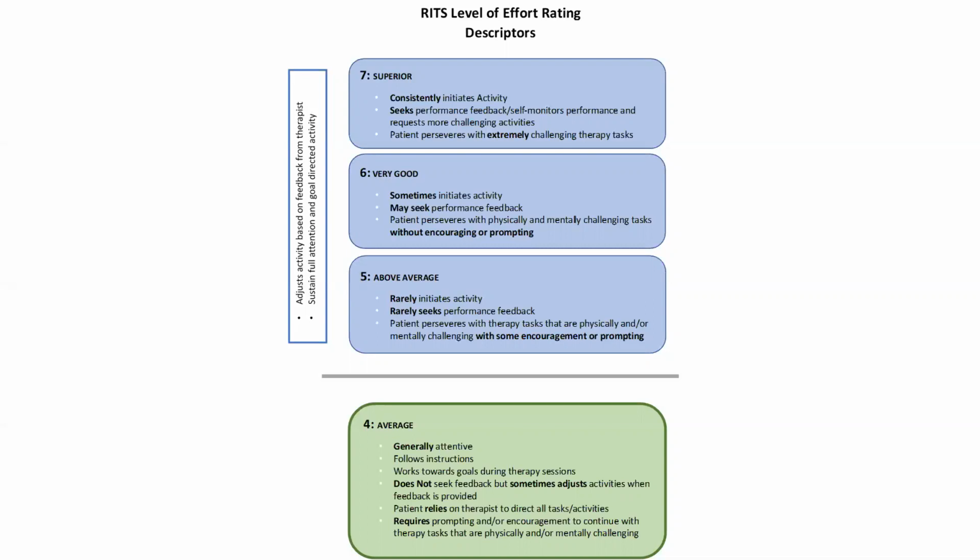I'm not going to read all the details of each of these boxes. You can definitely do that on your own. But the main difference I want to point out is what will get a patient to go above an average engagement: they will sustain full attention and goal-directed activity, meaning this is a patient you don't have to remind to stay on task and to attend to their activity.